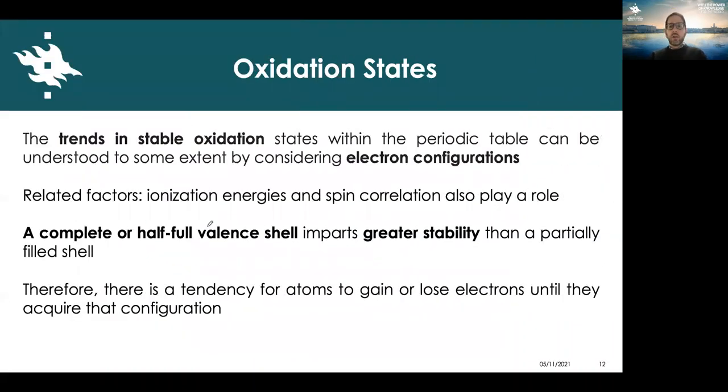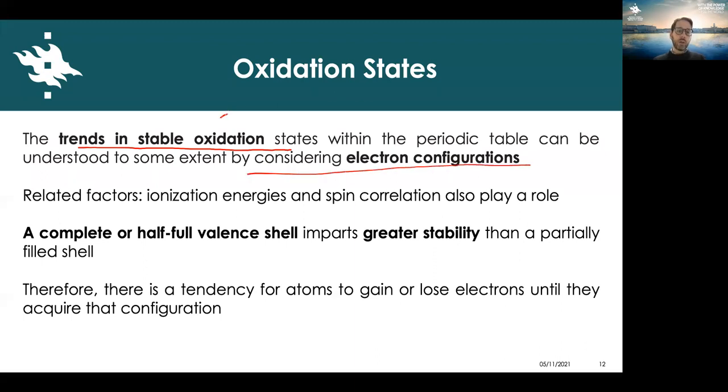All right, now we can take a look at the trends in stable oxidation states for the elements. These trends in stable oxidation states that each element can have correlate well with the position that the element is in the periodic table, by considering their electron configuration.